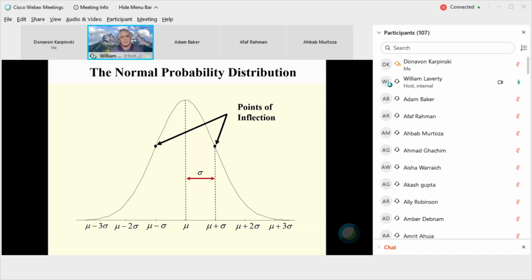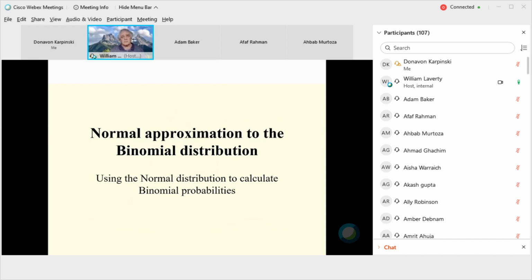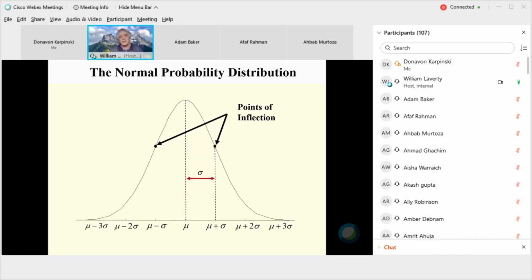It's a bell-shaped curve, so it's symmetric about its mean. The standard deviation is really the distance to the points of inflection. So if you have a larger standard deviation, the curve will be more spread out. The total area under the curve will always be 1.